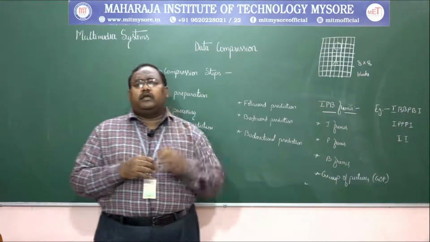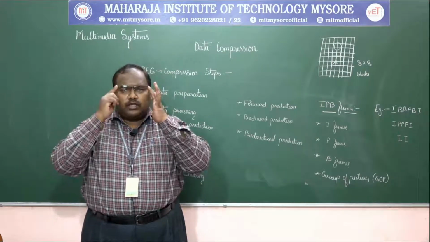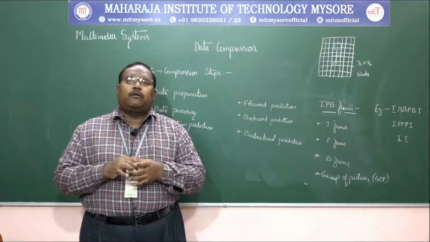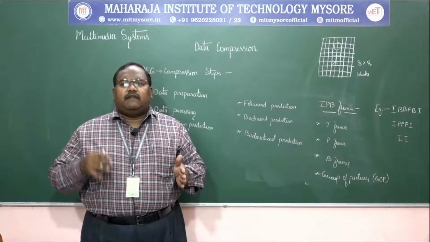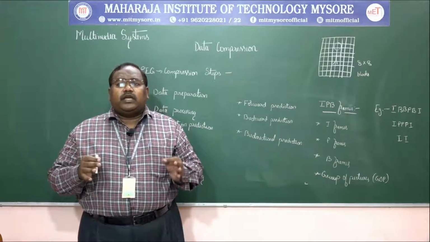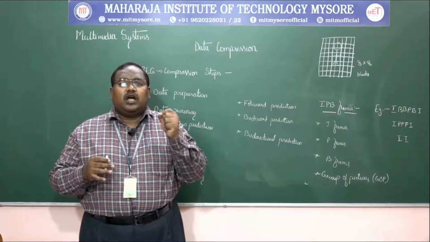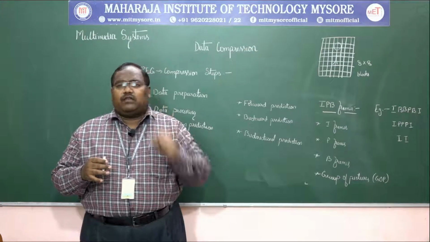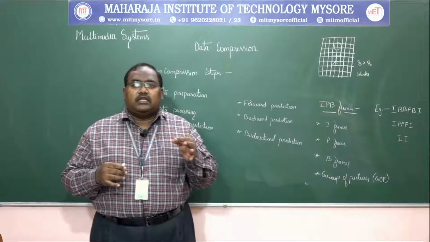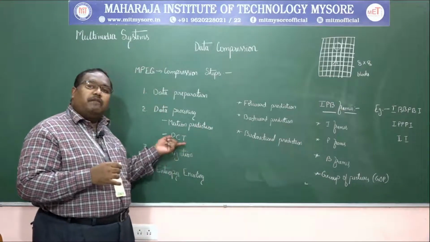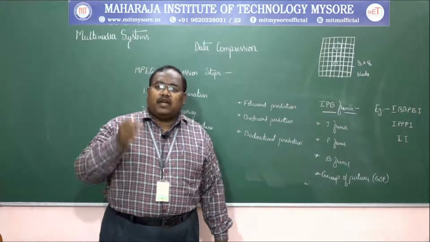There are two kinds of components, already discussed in the audio technology chapter 2: the AC component and the DC component. AC components are high frequency components, whereas DC components are low frequency components. So the main intention of applying DCT is to reduce the high frequency component in MPEG and retain the low frequency component.